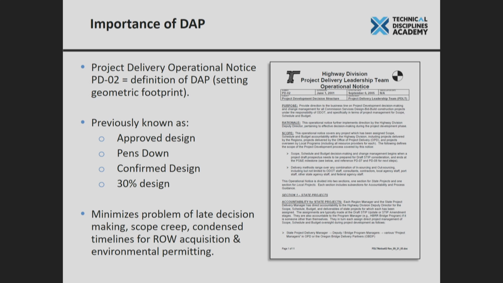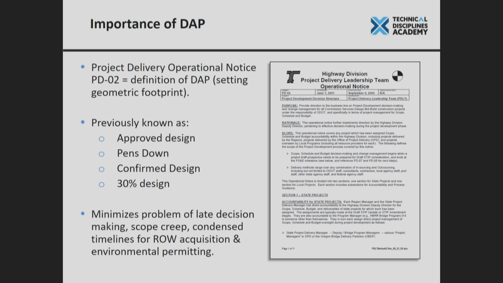So over the years, there's been a number of efforts that we've engaged in at ODOT in order to try to get to that firm scope, to provide that certainty that moving forward, this is the project we're working on. Some of the things I was recalling when we were putting this together was something called approved design. We had a pins down initiative. We had a confirmed design. Some people had a 30%, kind of lead into DAP.